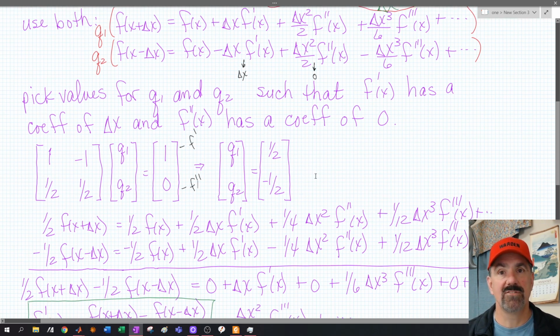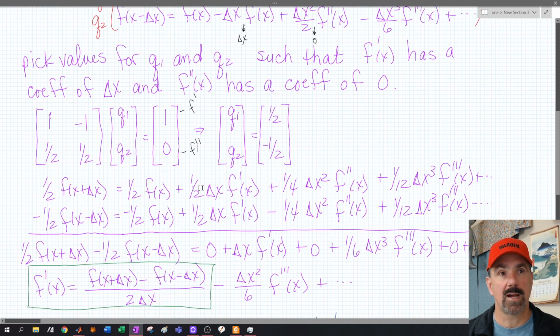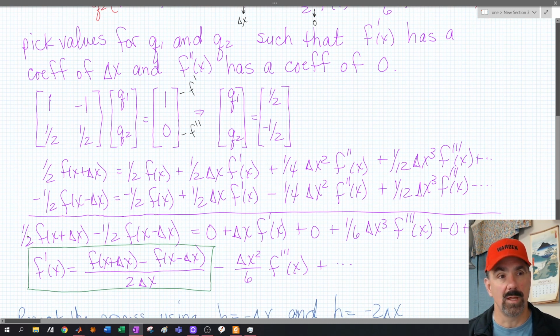And what this gives us, when we multiply the top equation by 1/2 and the second equation by negative 1/2, and then add those two equations together, we end up with 1/2 f at x plus delta x minus 1/2 f of x minus delta x. And then the f of x terms just happen to cancel. We weren't going for that, but that's just the way it turned out. And we ended up with a delta x in front of f prime of x.